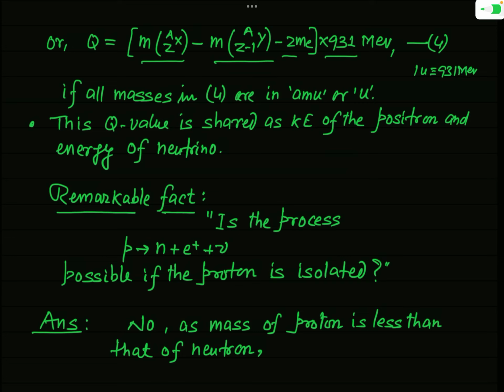It means when a mass of 1 u is converted into energy, we get 931 mega electron volt energy.